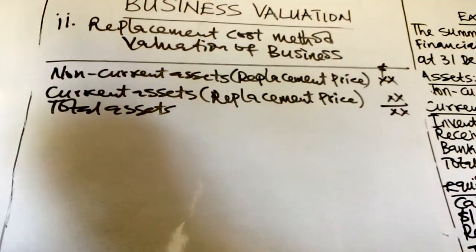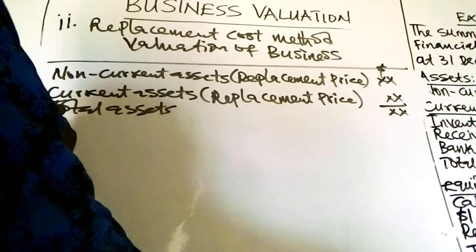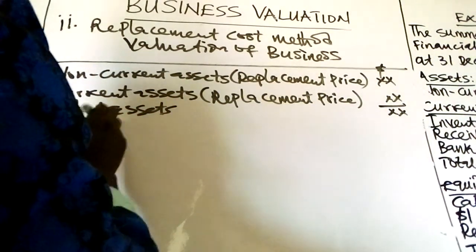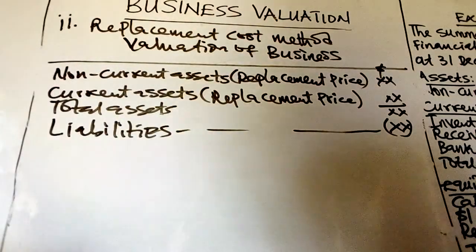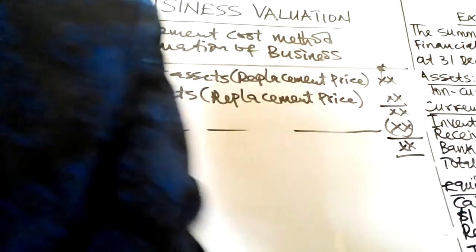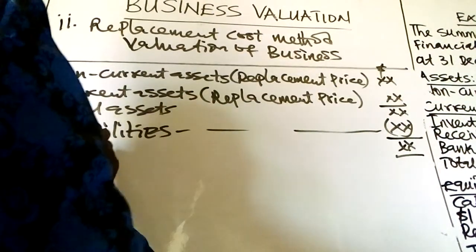Now let's deduct all liabilities. The amount to be paid for those liabilities is what we are going to consider here. So when you deduct that, then you get the value of equity.